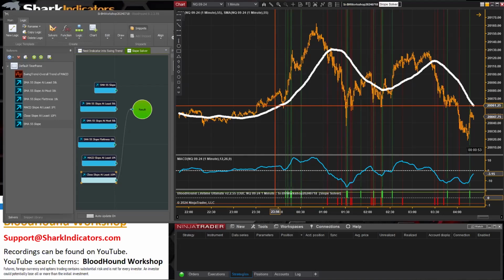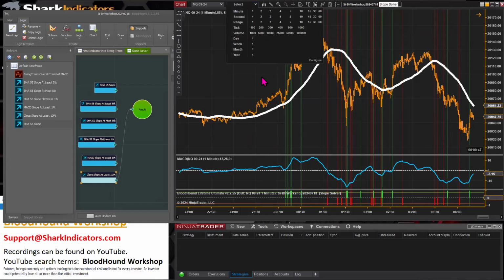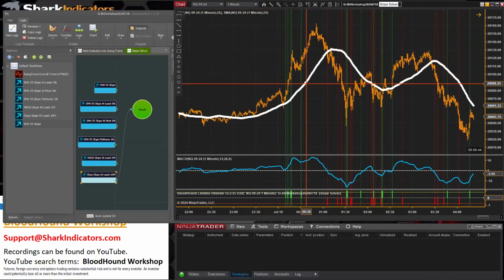Obviously, the time frame that you're on affects how much your moving averages move. With a higher time frame, you get longer or larger bars, you get more price movement, and of course your moving averages are moving further too.